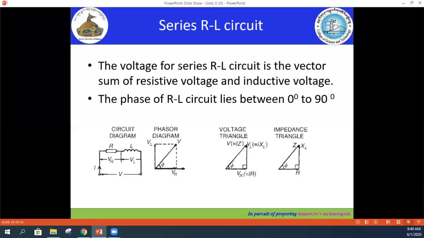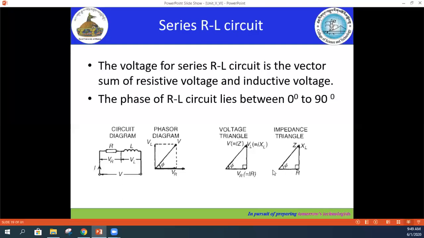This hypotenuse is called the impedance. Now the resultant voltage of the series RL circuit is given by I times this impedance. This angle is called the voltage angle. From the voltage angle, we can also derive the impedance angle.